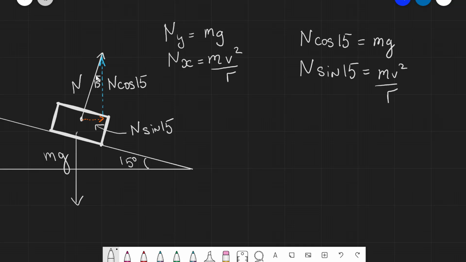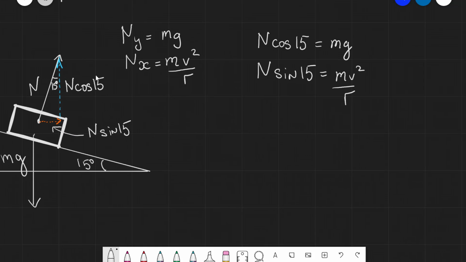Okay, now we have a system of two equations that we can solve. Let's just solve the first equation for n, and then I'm going to substitute that in the second equation. So from the first equation, what we can infer is that n will be equal to mg divided by the cosine of 15 degrees. And then what I'm going to do is just substitute that back into this equation.